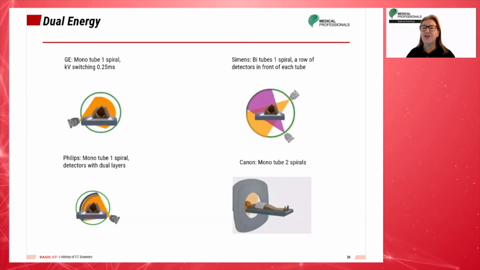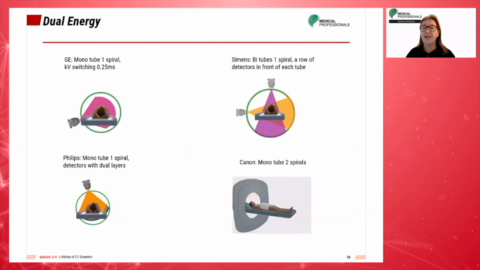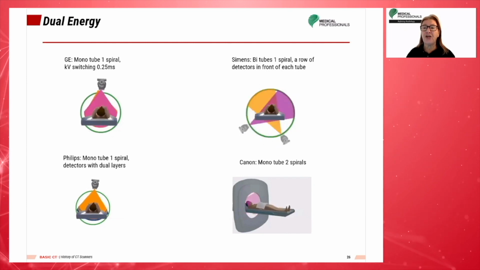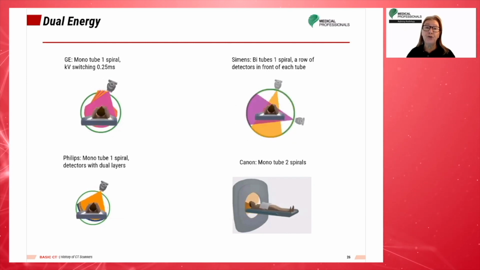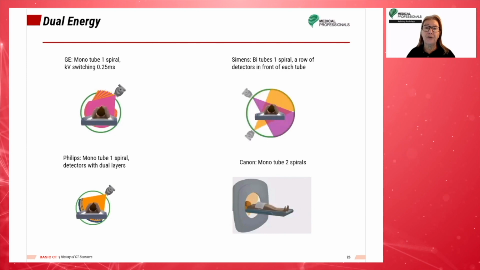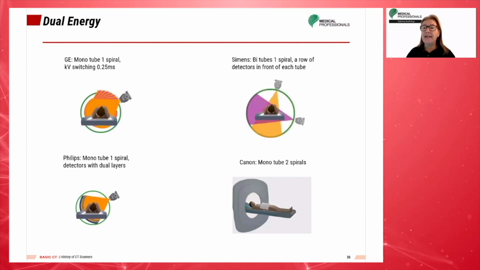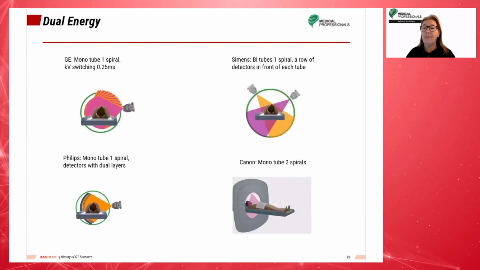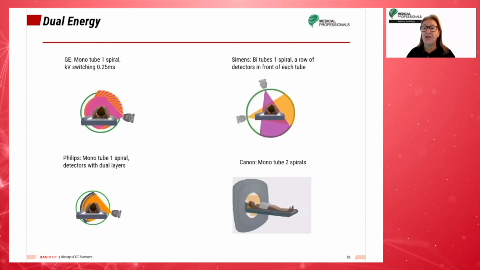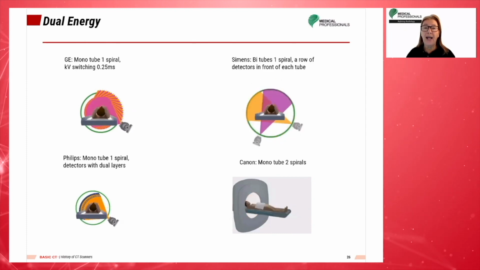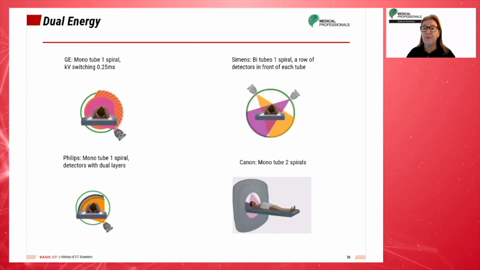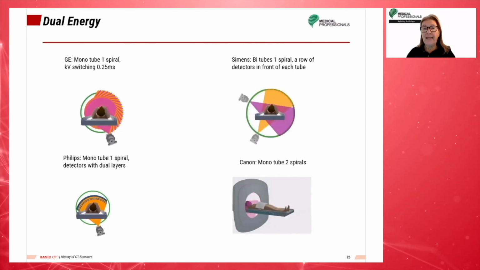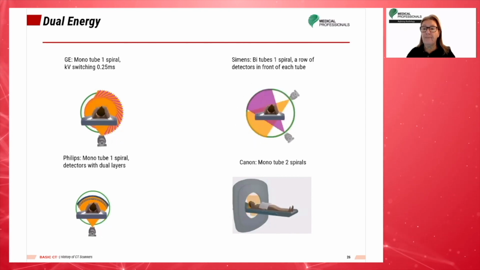By definition, dual energy is the possibility of generating an image using two different energies. It can use a monotube with an ultra-fast switching between low and high kilovoltage peak, or 80 and 140.